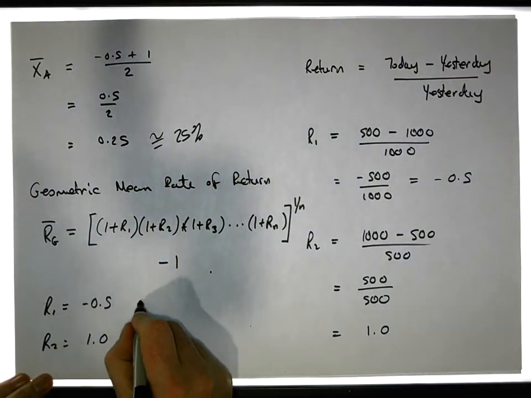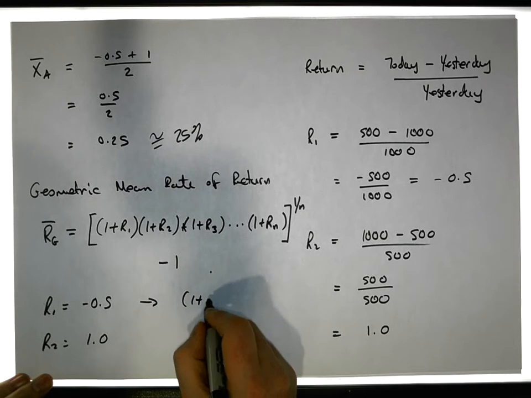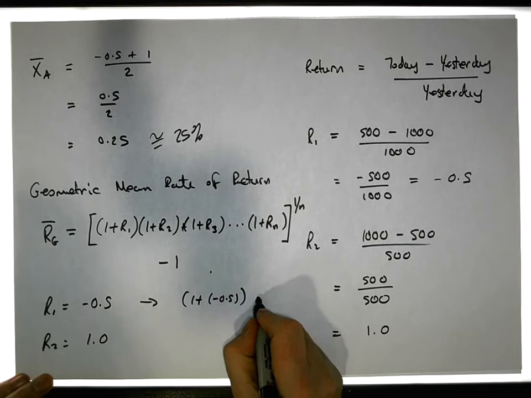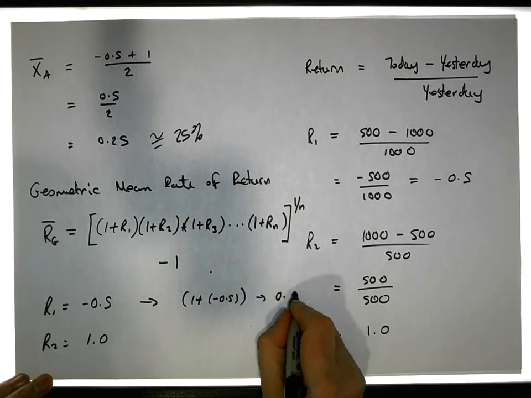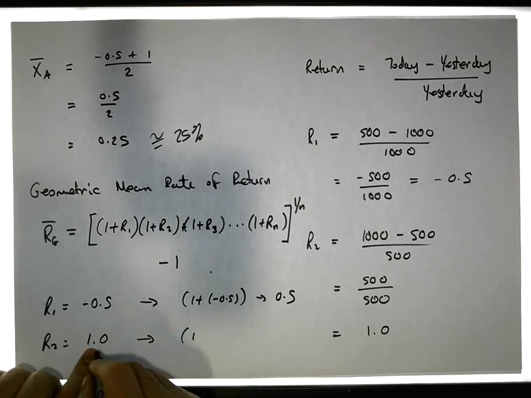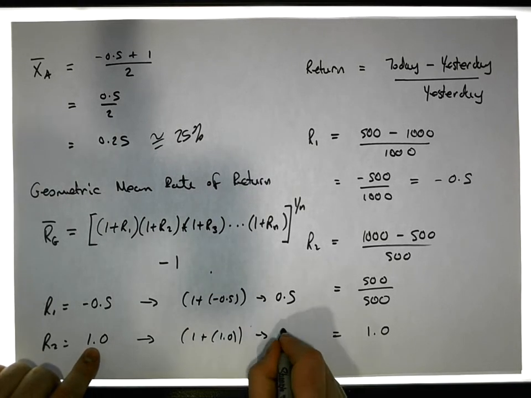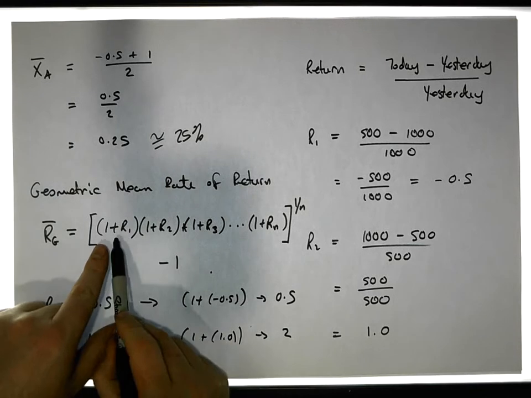So this becomes 1 plus minus 0.5, which gives us 0.5, and we do the same here. It's 1 plus R2, so plus 1.0, gives us 2. So now we have these two.